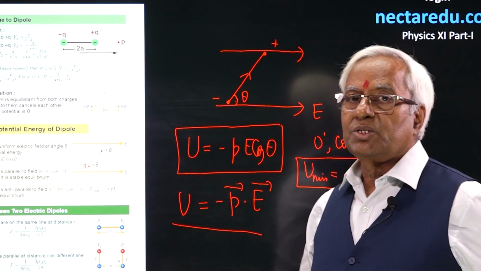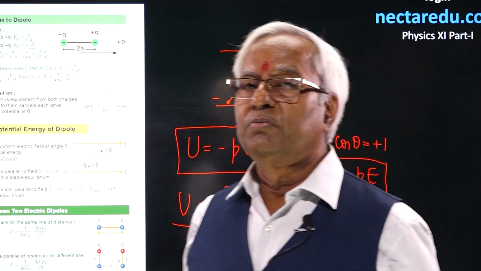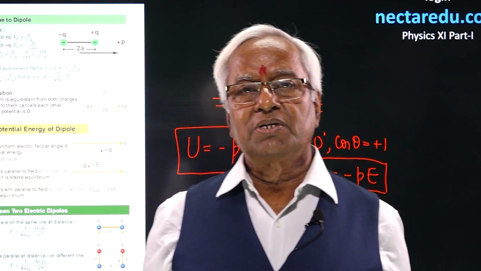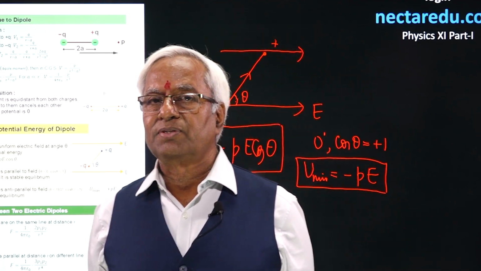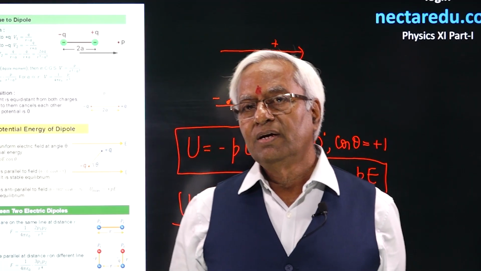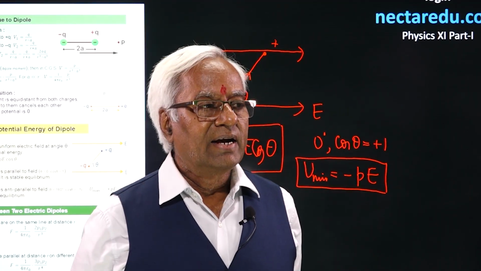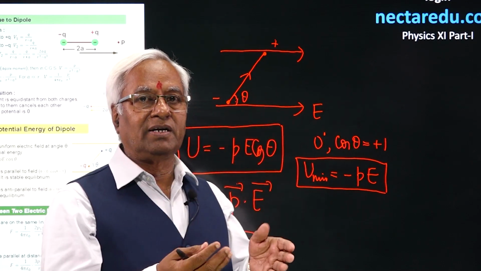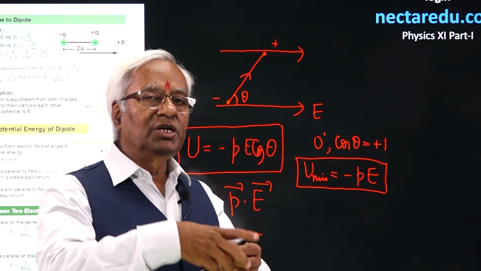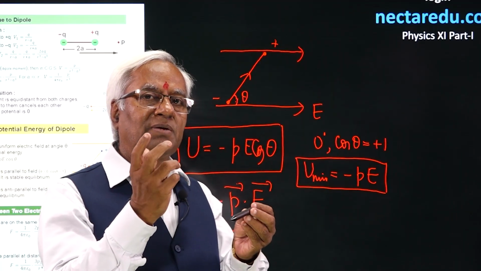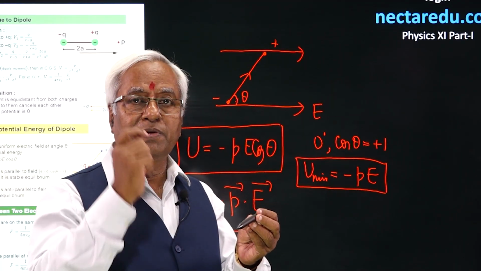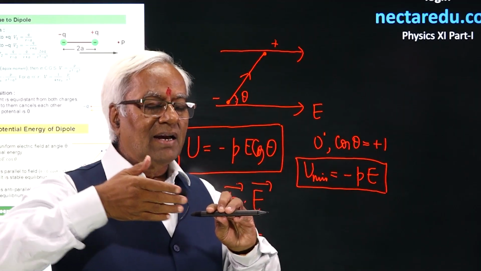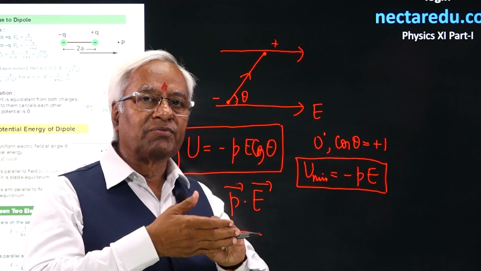This is the most stable position of the dipole. You must remember, when any system, any body has the minimum potential energy, it's likely to be stable. And when a dipole is allowed to be suspended in a uniform electric field, it will always try to be in stable equilibrium. That means it will always try to be aligned along the electric field.